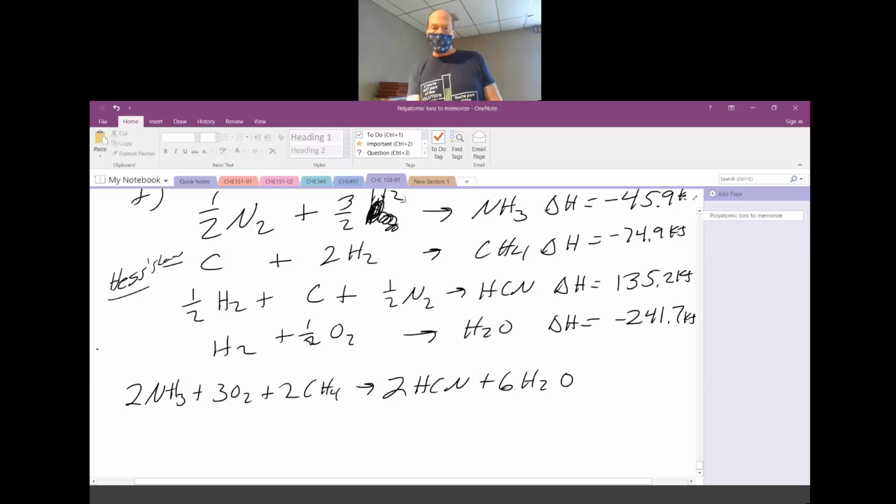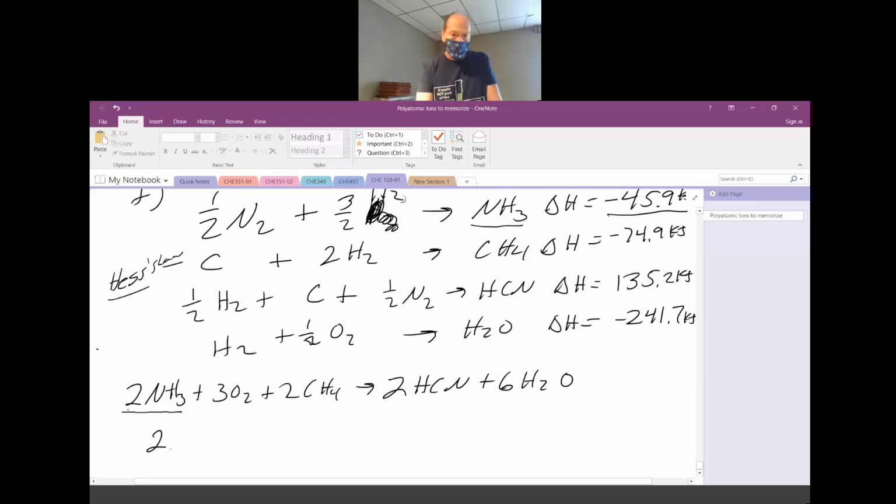All right, so in this case we have 4 reactions. We have NH3 down here, and there's only one reaction up here that has NH3, and that's the first one. Note that we need to have NH3 as a reactant, not a product. So we have to reverse that reaction to get NH3 as a reactant, because that's what the problem is giving us. The problem also has a 2 in front of the NH3. So we have to reverse this reaction and multiply it by 2, which means we have to change the sign of the delta H and multiply it by 2.